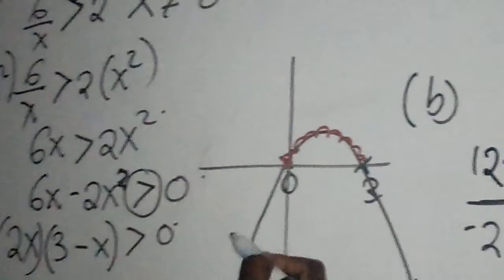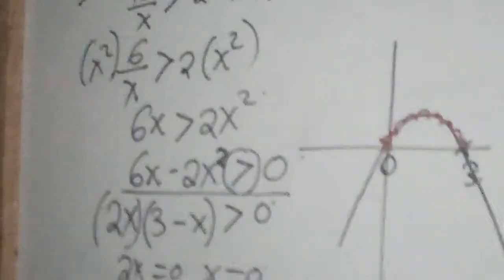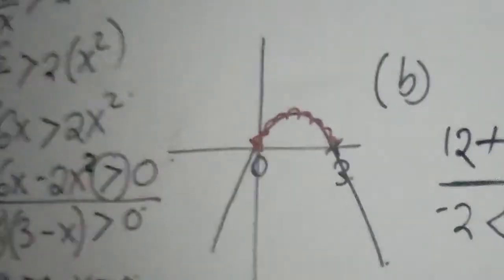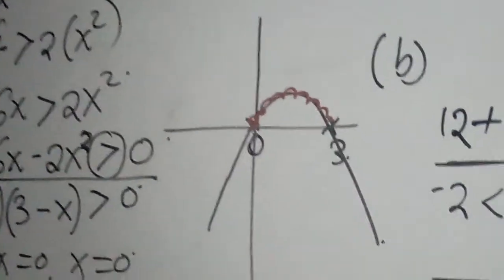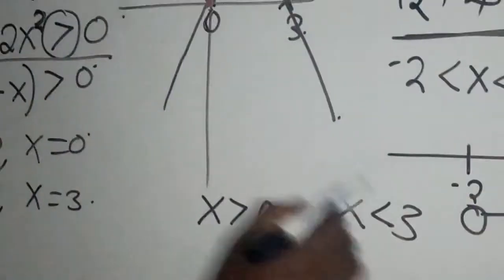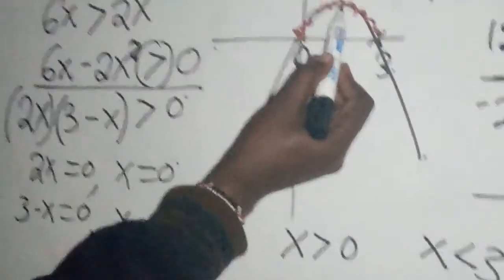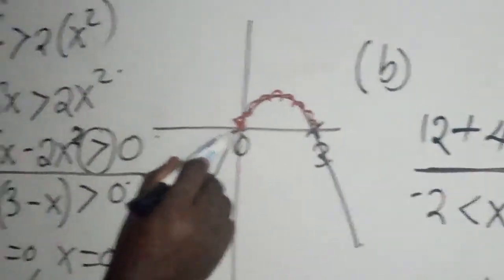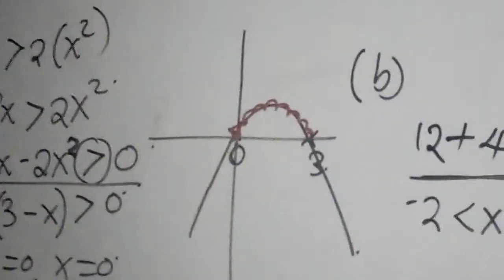So for this kind of situation to make sense, x has to be greater than 0, and the same x has to be less than 3. You can see, as x is less than 3, then y becomes positive. And when x is greater than 0, then y becomes positive.